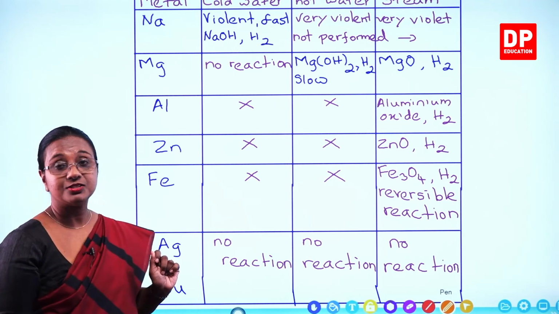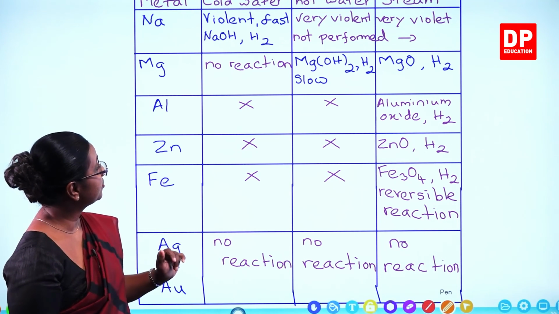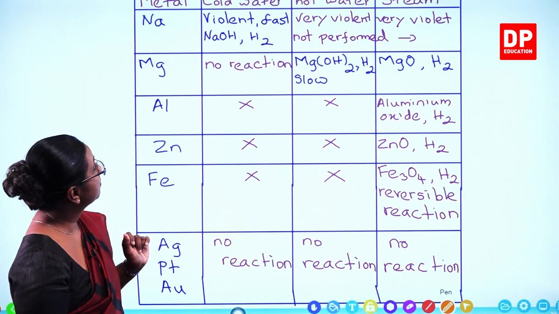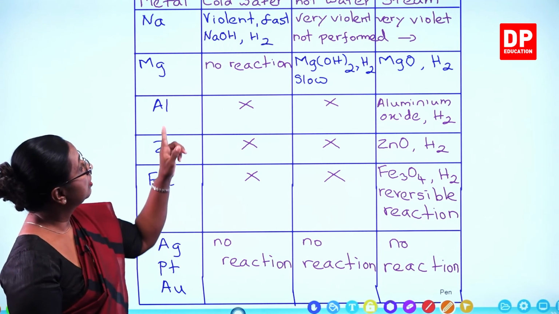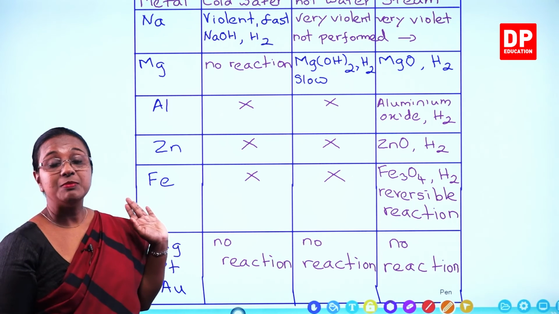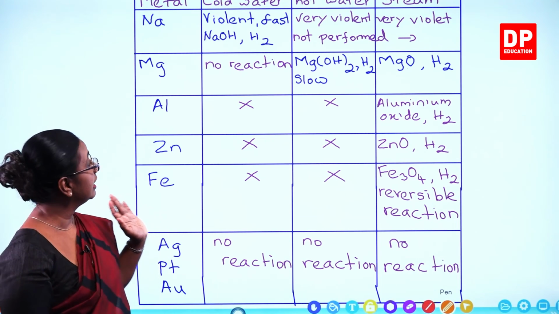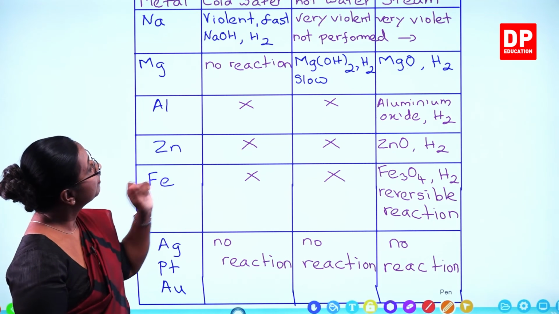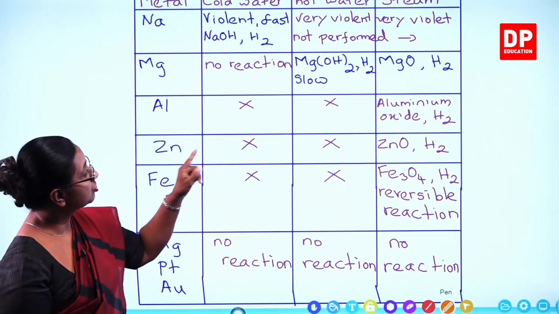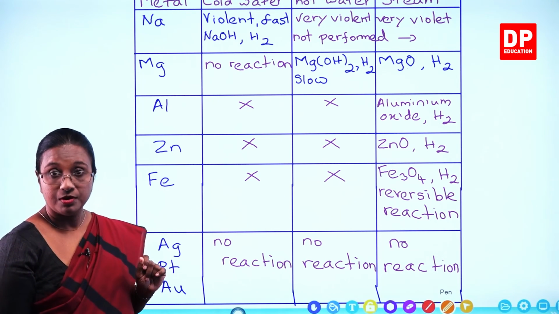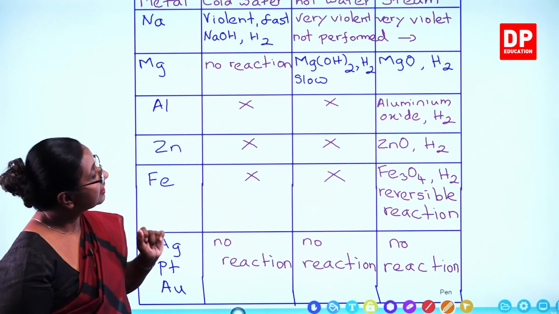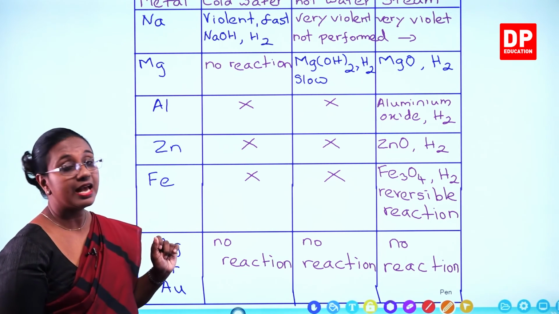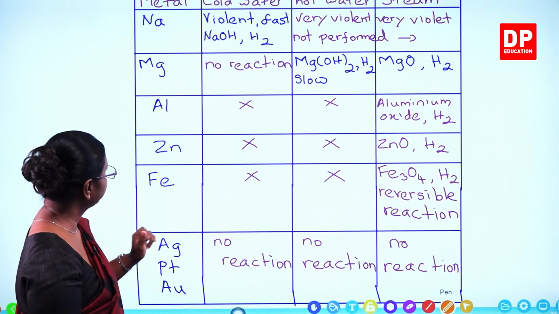Sodium, violent reaction with cold water. It's a fast reaction, gives rise to sodium hydroxide and hydrogen. The other two we didn't try because it would be a very, very violent reaction. Magnesium, no reaction with cold water, but with hot water it gives rise to hydroxide and hydrogen gas. Magnesium oxide and hydrogen gas are produced with steam.